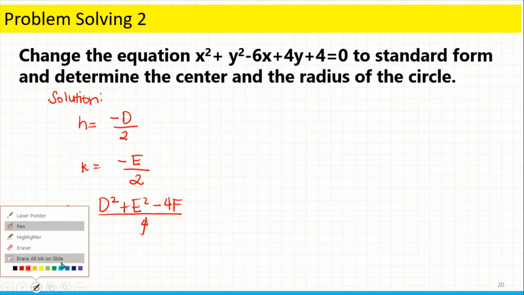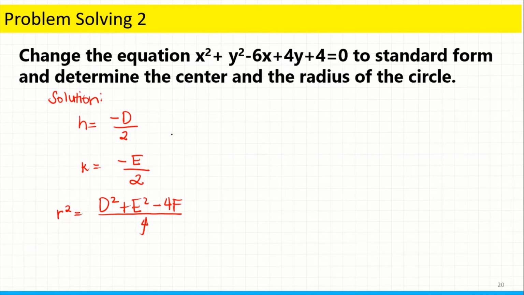So let's substitute. From our given x squared plus y squared minus 6x plus 4y plus 4, our D is negative 6, E is equal to positive 4, and F is equal to positive 4.